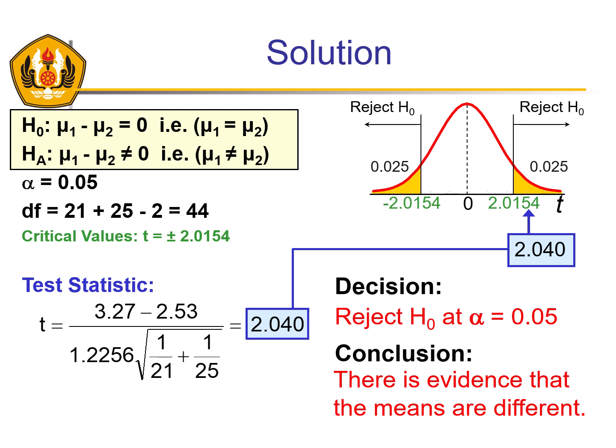Previously, we got the t statistic of 2.040, and if we check it on the graph, the value falls in the rejection region because it is a little bit greater than 2.0154 as the critical value. So the decision is we reject the null hypothesis at alpha 0.05. So we conclude that there is evidence that the means are different.